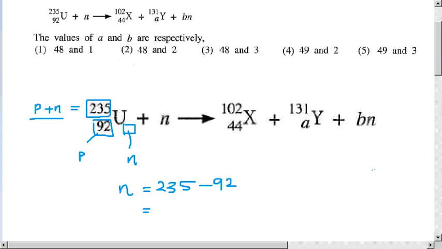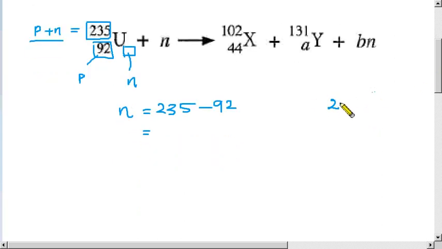Let us subtract: 235 minus 92. 5 minus 2 is 3, then 23 minus 9 is 14. So the total number of neutrons is 143. Therefore we can write that value here.